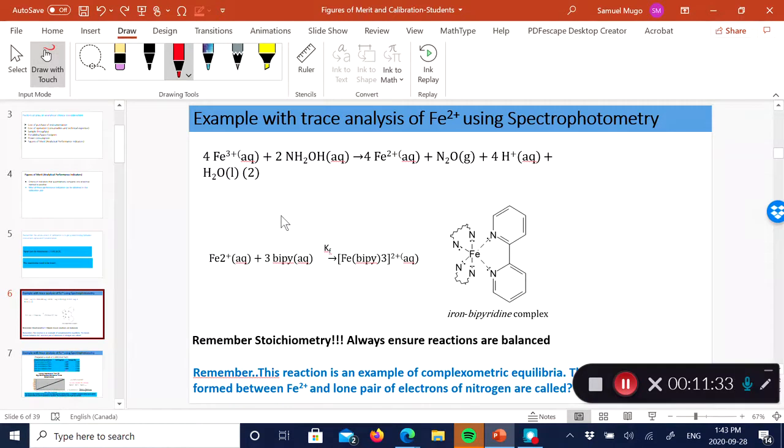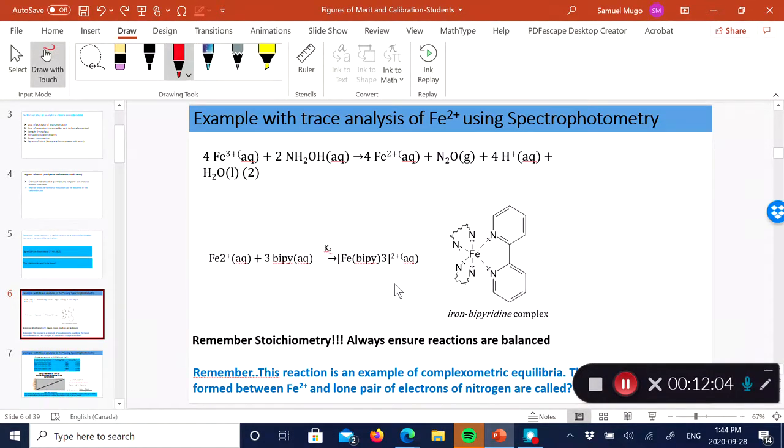Now, it's important to remember, when you're doing quantitative analysis, any reaction you perform needs to happen quickly, so the rate of that reaction needs to be very, very fast. And you should be able to get a complete transformation. And that's what we are referring to as the Kf here. So in general, the Kf, which is what you call the formation constant, needs to be fairly large, and it is in this reaction.